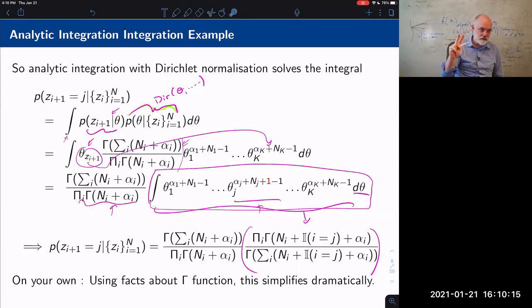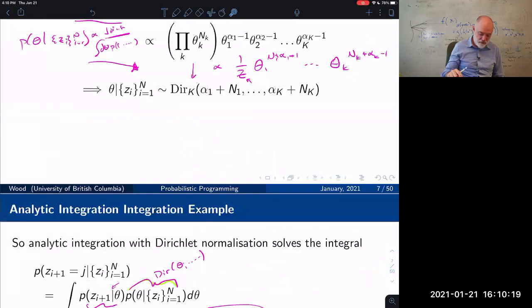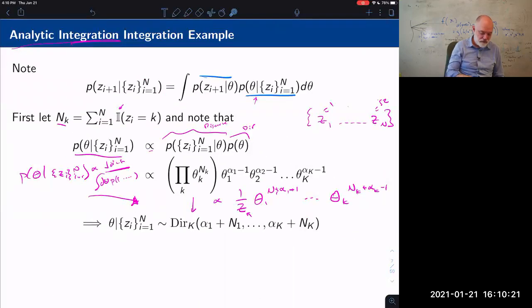Cool. But the main point is that we're talking about integration for two things, for normalization and for posterior predictives here. So how do you compute a posterior distribution? Recognize that computing a posterior distribution involves this marginalization step, and we do it by identification.